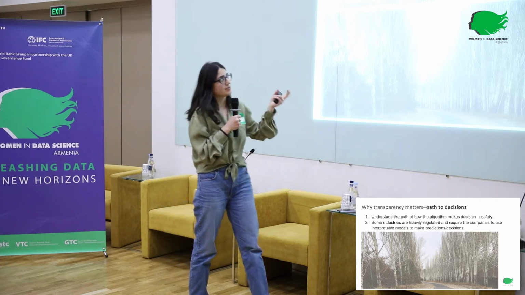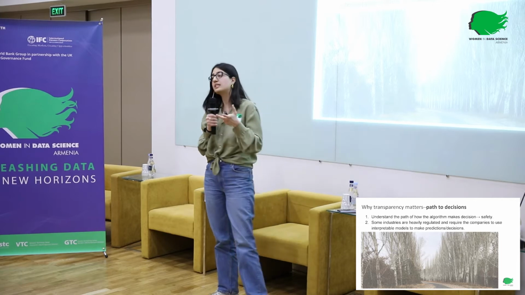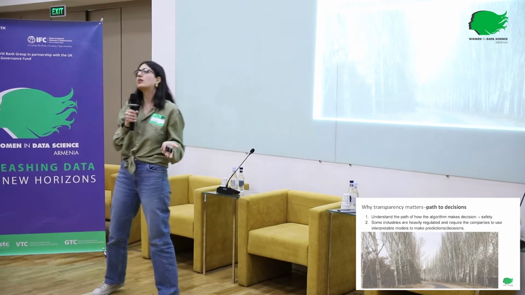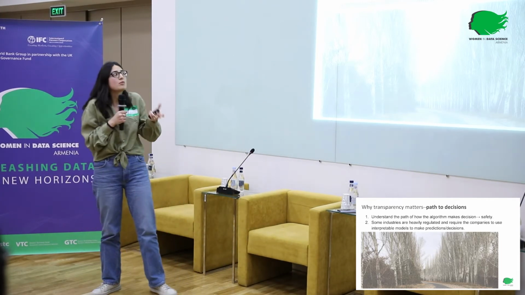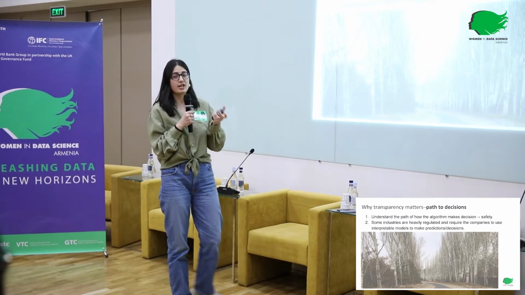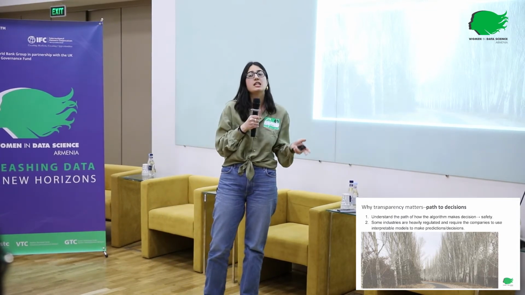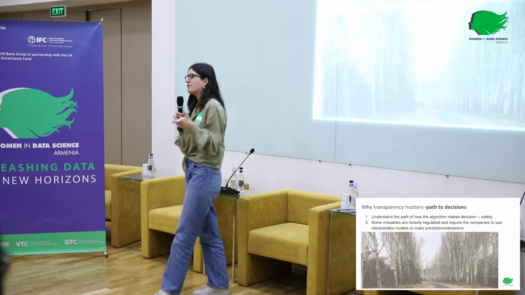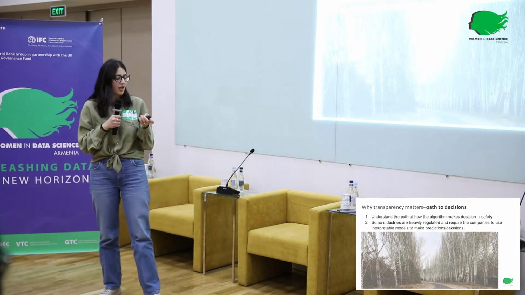And last but not least, when I have an interpretable model, I can see what's going on inside my model. And if the model is performing in an unfair manner, I can easily intervene and I can correct for those unfair and biased decisions.